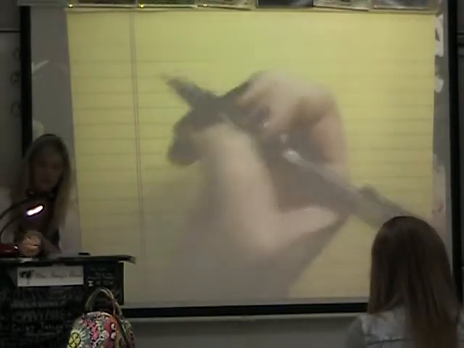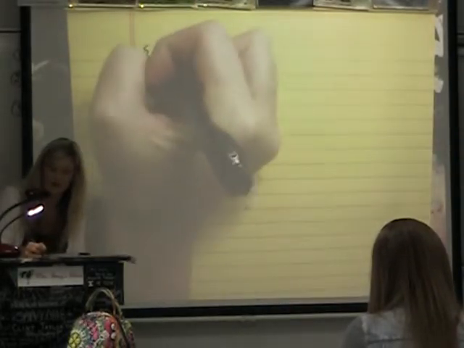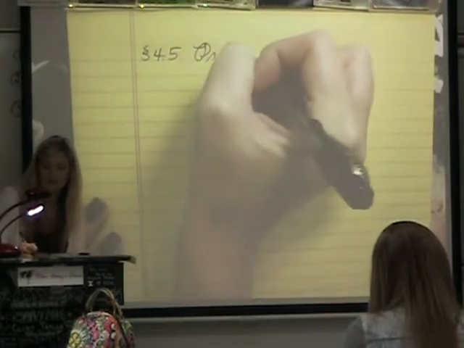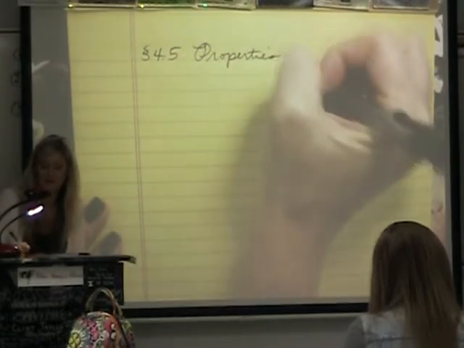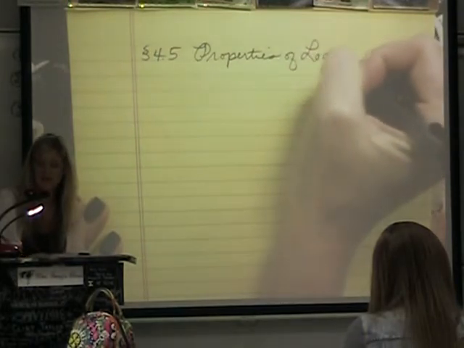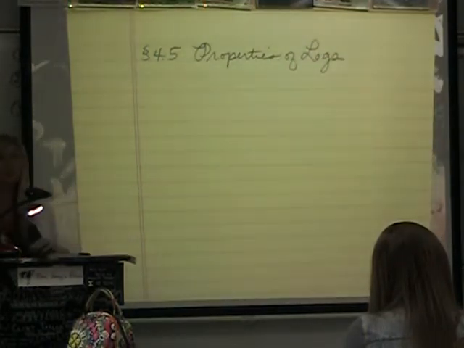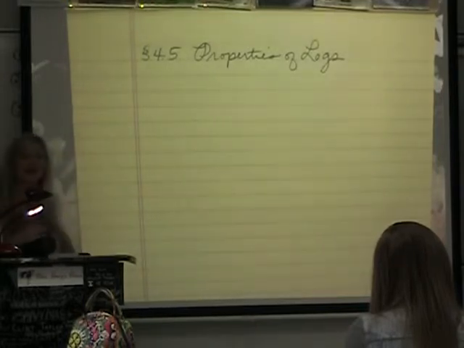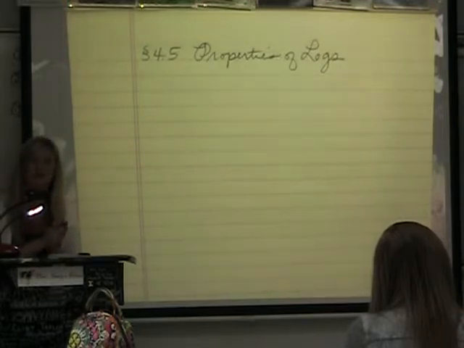In section 4.5, we're talking about properties of logarithms. So just a little recap. Remember in section 4.1 we talked about composition between two functions. In 4.2 we talked about inverse functions. And then in 4.3 is when we started talking about the exponentials.